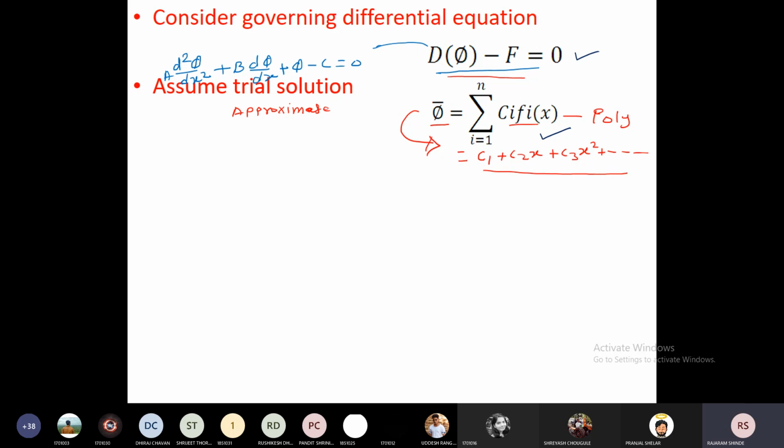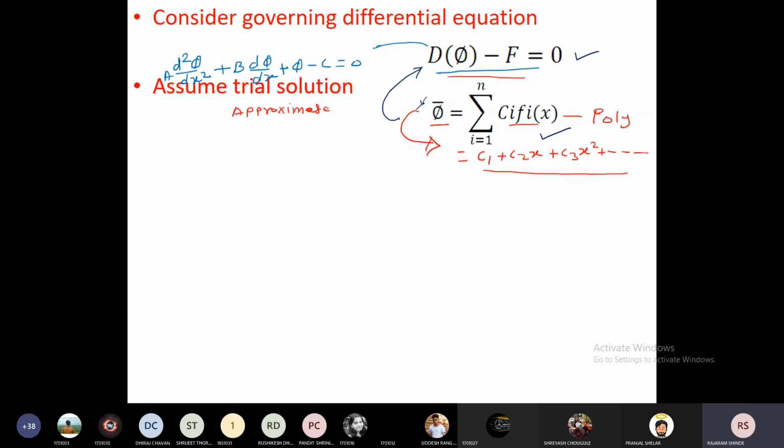Making residual 0. No, before that we have to solve the differential equation. Now we have to calculate the residual. How can we calculate the residual? Governing equation. You have to use this approximate solution in the governing differential equation. That means you have to solve the differential equation by the assumed solution.